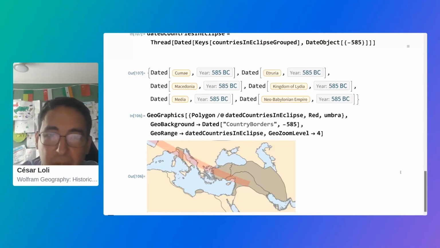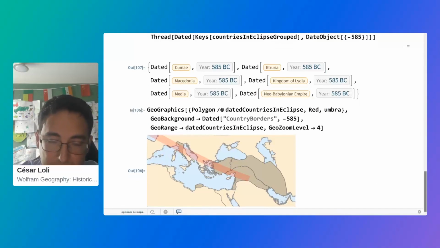Yes, for calling the historical entities, it's as easy as to do something like this.